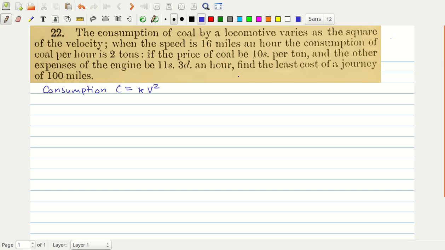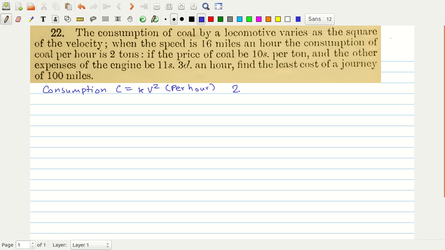So it is some constant times v square. When the speed is 16 miles an hour, the consumption of coal per hour is 2 tons. So this C is per hour. Now at V equal to 16, consumption is 2 tons per hour.